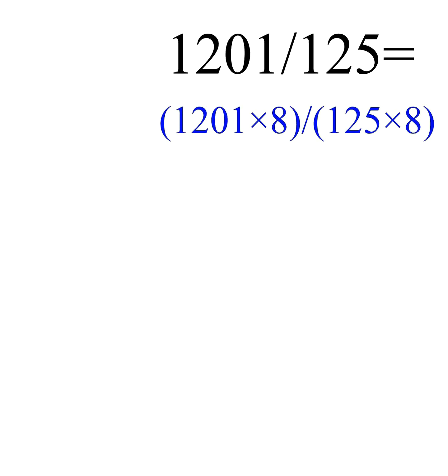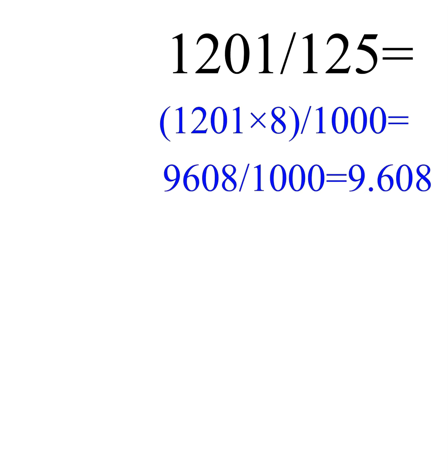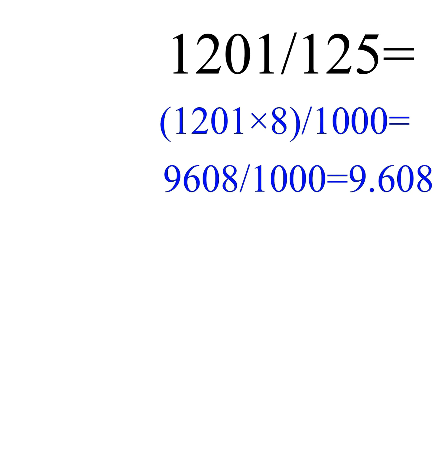So we turn dividing by 125 to dividing by 1000, which is way easier again. Denominator times 8 would be equal to this, 9608. And to divide it by 1000, we just put the decimal point before the third digit.